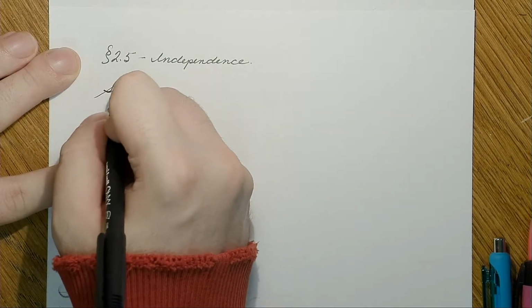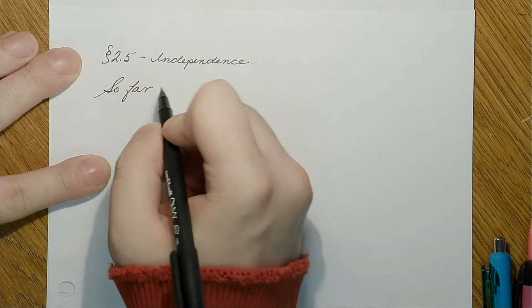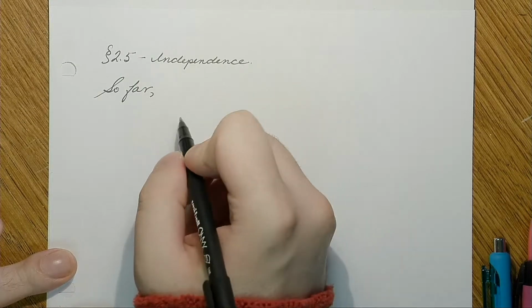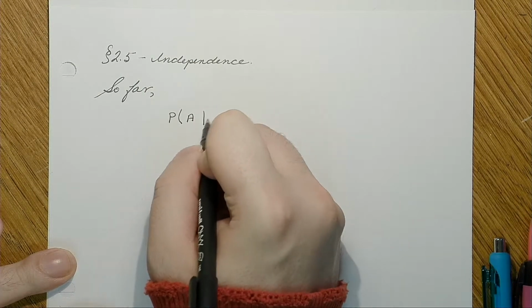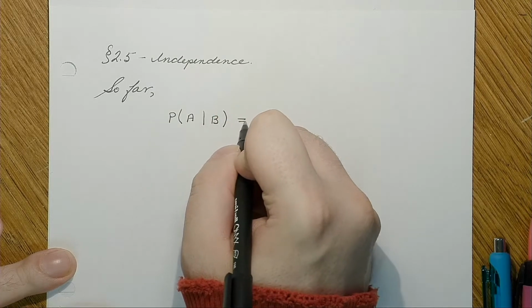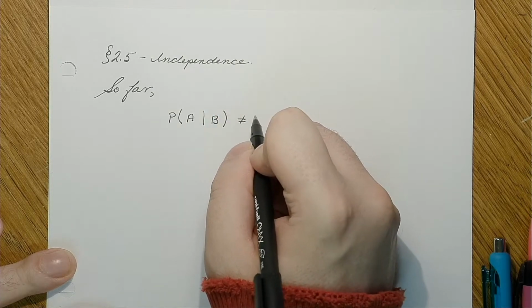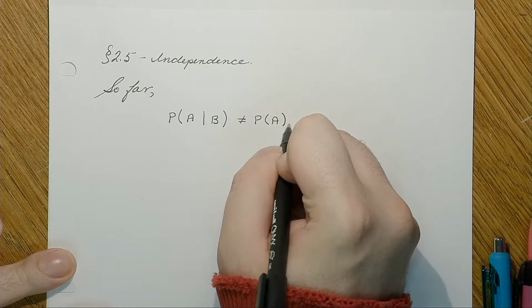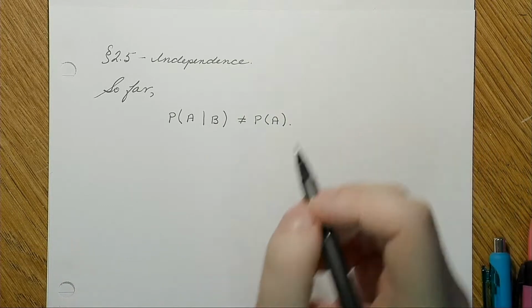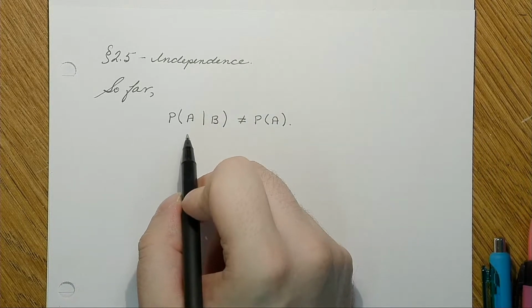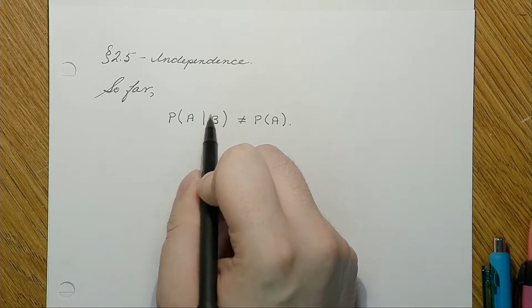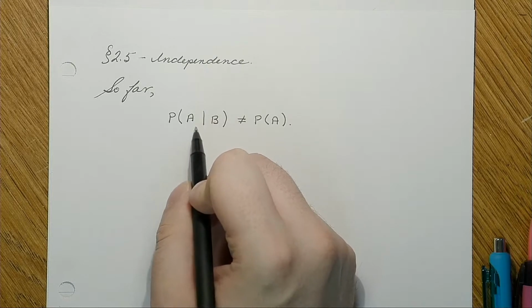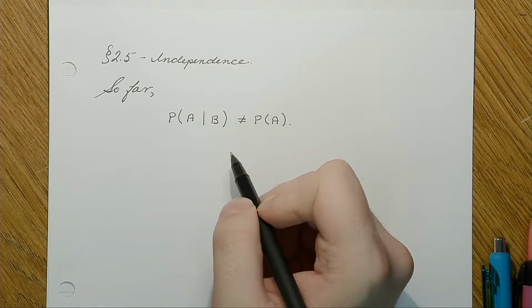So far, what we had seen is that the probabilities, say, of A and B were not equal to each other. Meaning that if you had some more information given that B has occurred, it affects the probability of A, right?